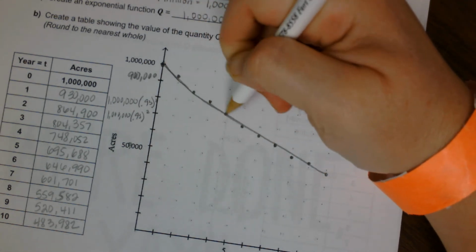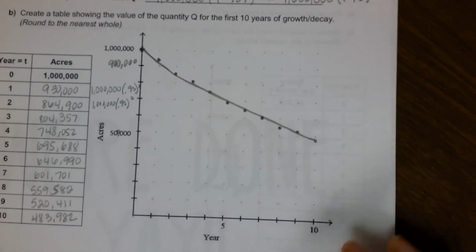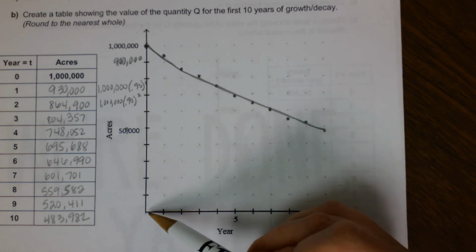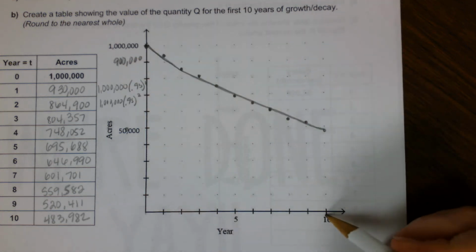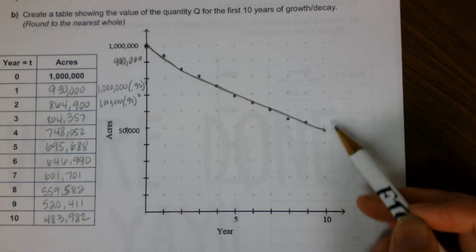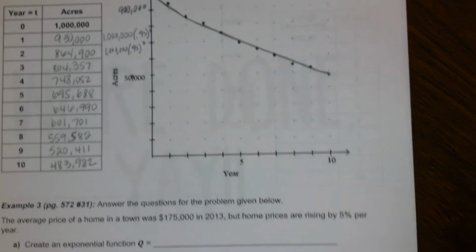You'd see it a lot better if it wasn't hand drawn. You see here it is decreasing. So you would want to find the one that decreases, one that starts at 0, 1 million, and then ends at 10, about 483. And there will be a noticeable difference. Okay.